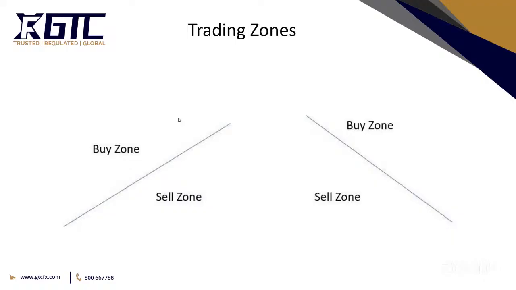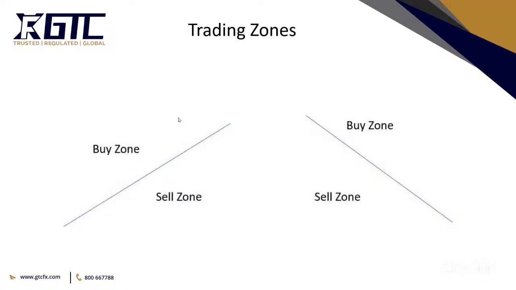This is the most crucial phase because markets are always going to keep changing their zones. It is not going to happen that the market is always in an uptrend or always in a downtrend. It's going to be in an uptrend for a while, then it's going to break the trend lines and come within the downtrend, and then again it's going to break the trend line and turn into an uptrend.